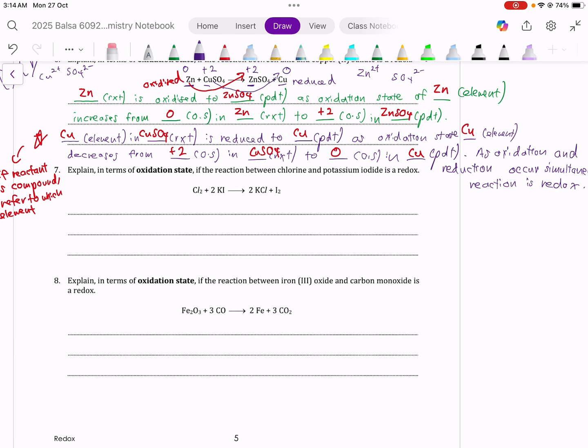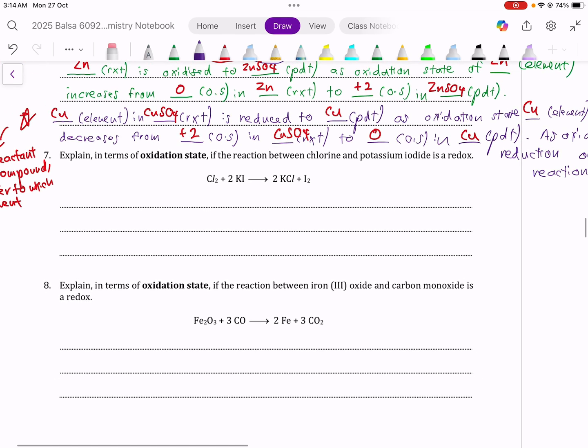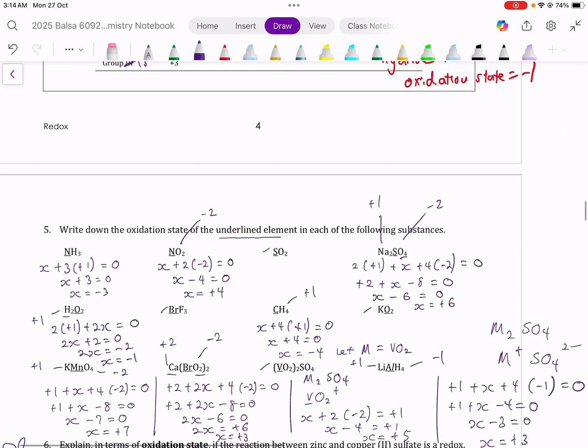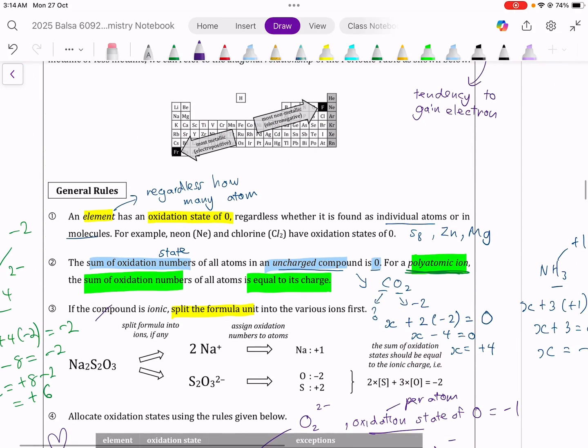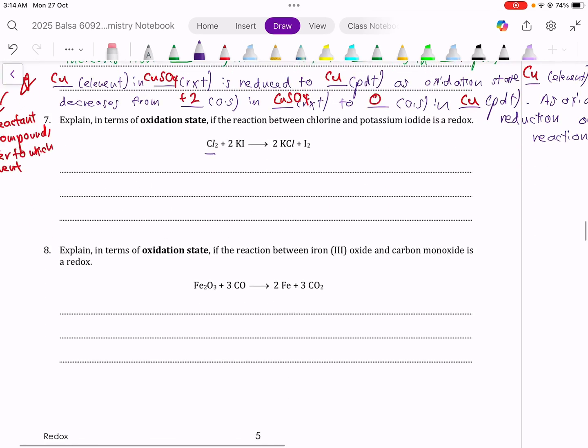Okay, let's look at the next one. That's the final example, then I will end this video. So this one is an element. Just now remember we mentioned rule number 1: regardless how many atoms, as long as it's an element, oxidation state is 0. So this is 0, this is also 0 because it's also an element.